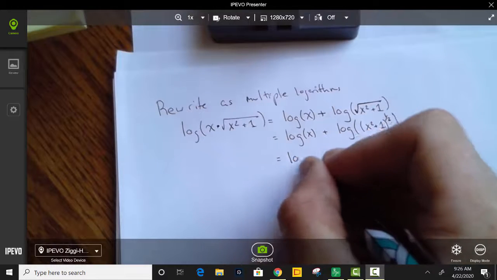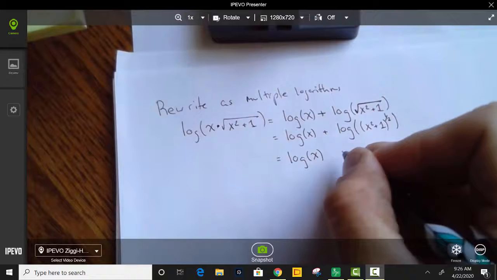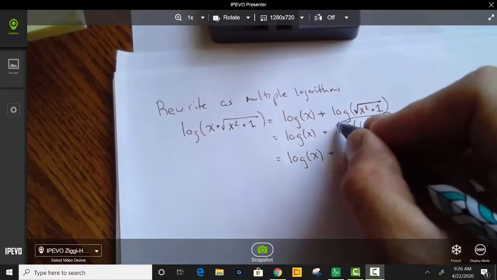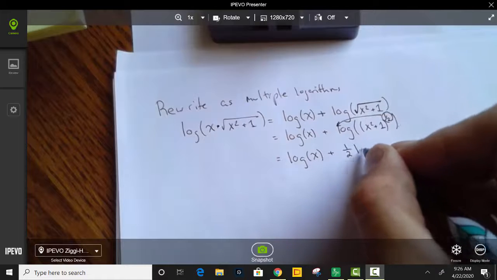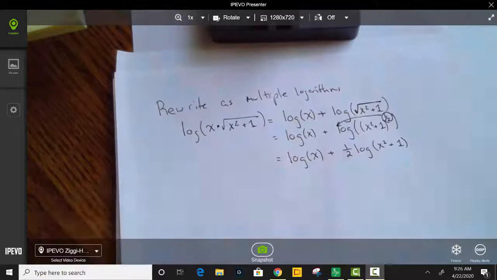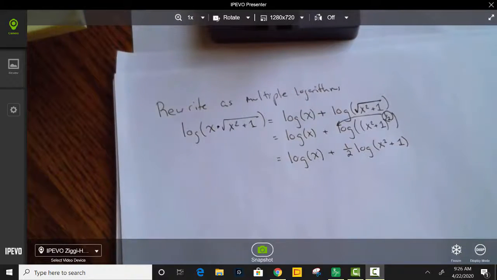So now we have log of x plus, and since we have a power, the power property says the power gets brought to the front of the logarithm. And then we get 1/2 log of x squared plus 1.